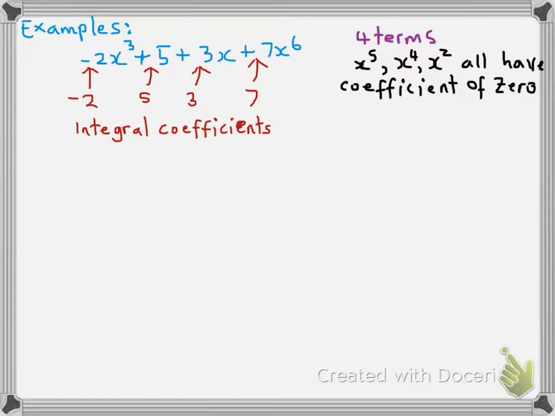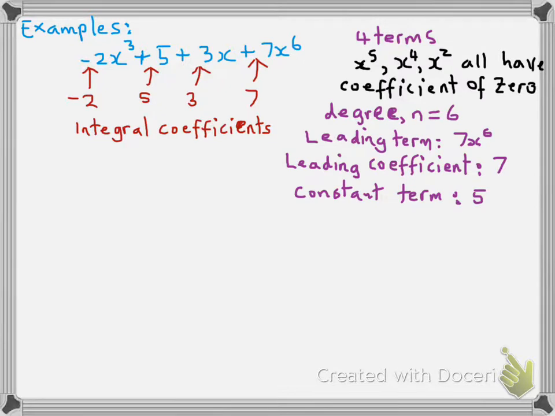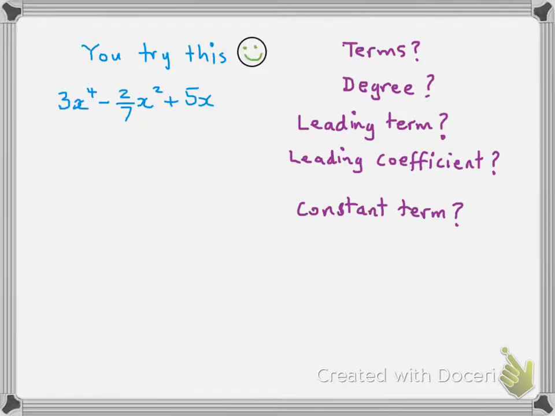Whenever you have a polynomial where the powers are not all present, that means the powers that are missing have coefficients of 0. The degree of this polynomial is 6, the highest exponent. The leading term is 7x to the power 6, the leading coefficient is 7, and the constant term is 5.